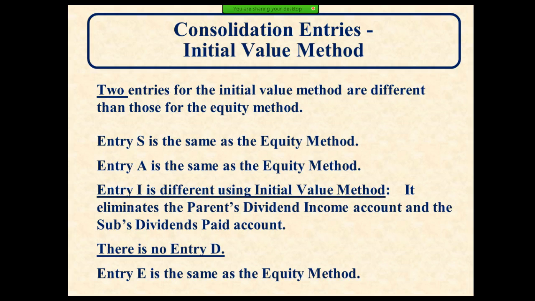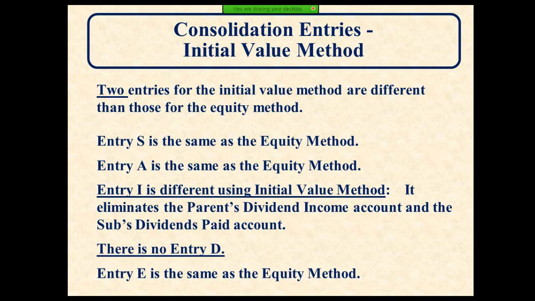Under the initial value method, this I entry is used to eliminate the dividend income account and the subsidiary's dividend account for what it's paid.